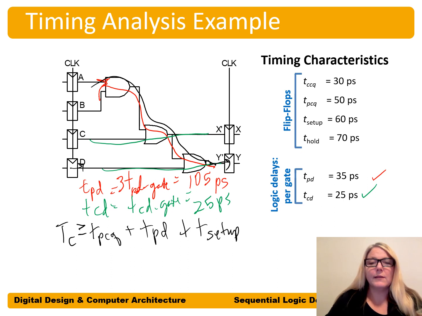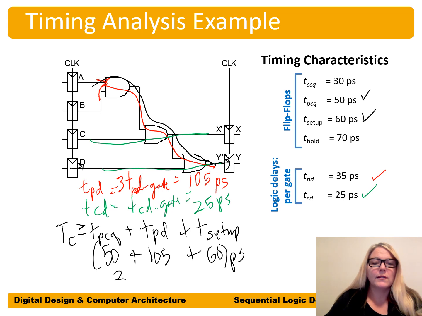So TPCQ is 50 plus 105 plus setup time was 60 picoseconds. So we're going to have 215 picoseconds. So the cycle time has to be greater than or equal to 215 picoseconds.